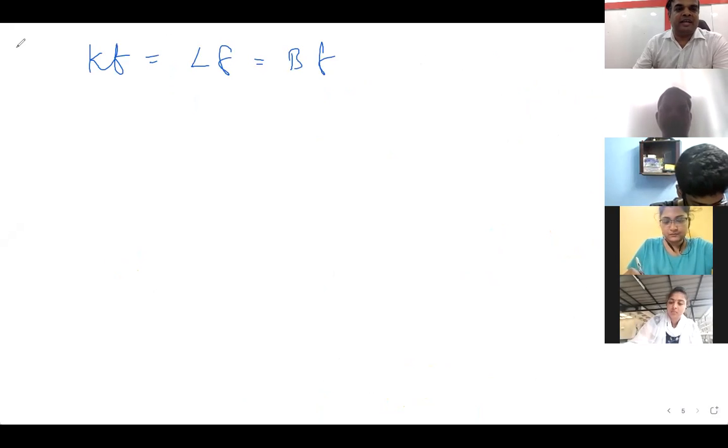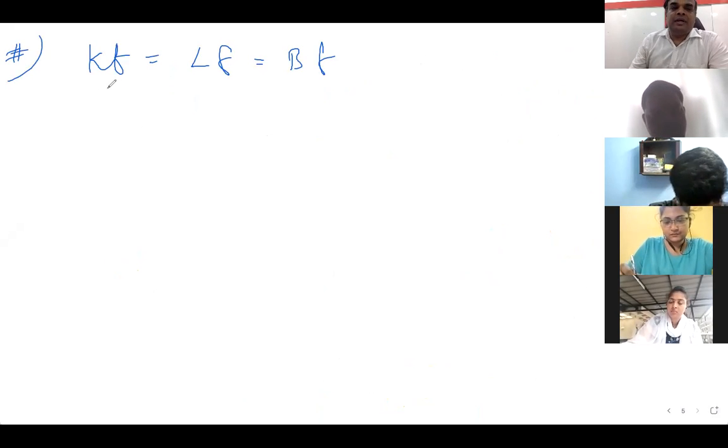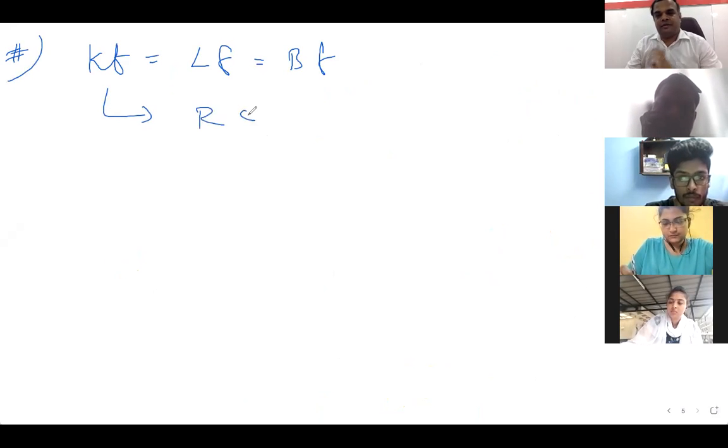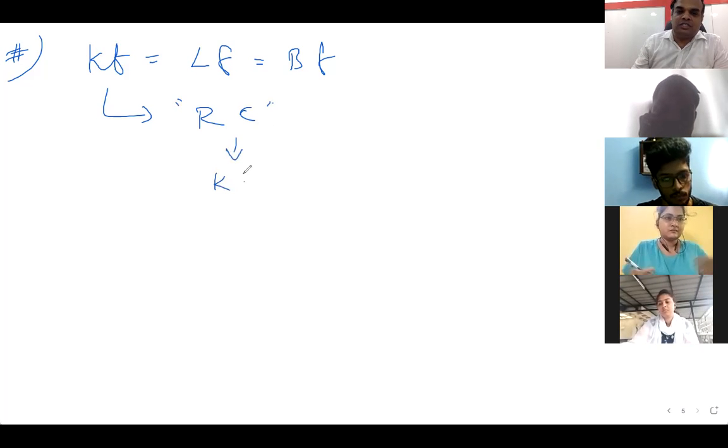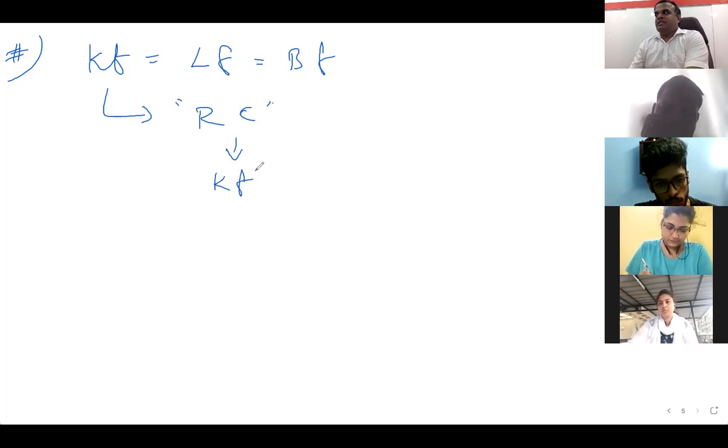Key factor arises whenever resource constraints are there. The resource constraint is called key resources. If the resource is limited, that resource is called key resources.